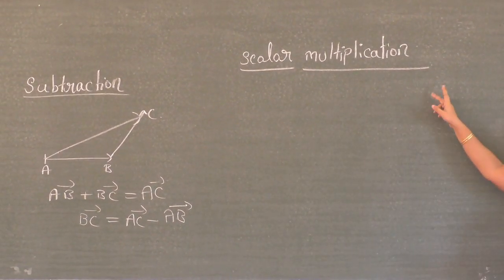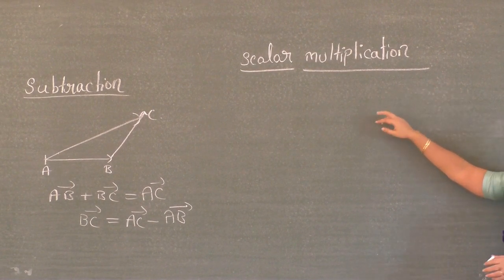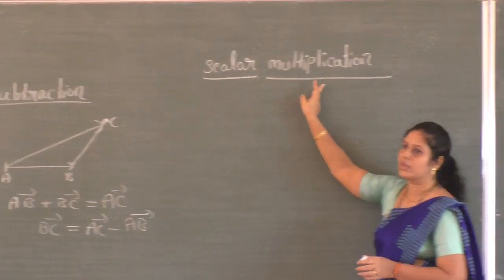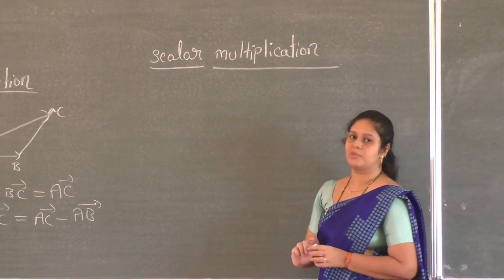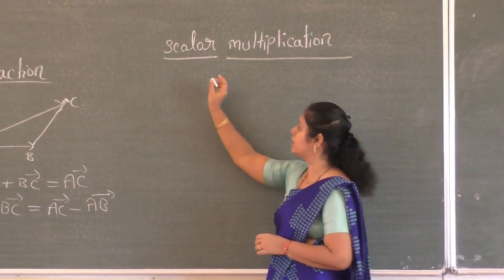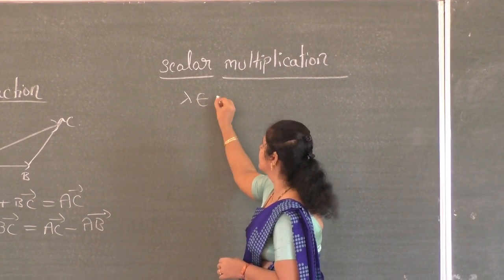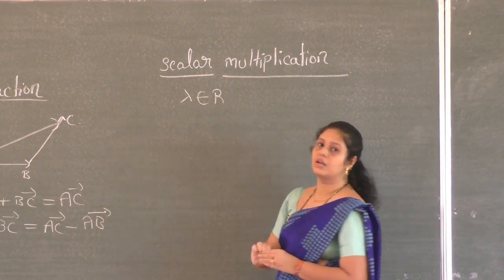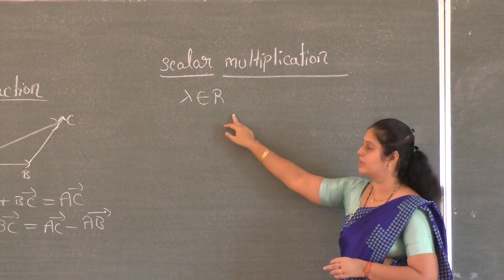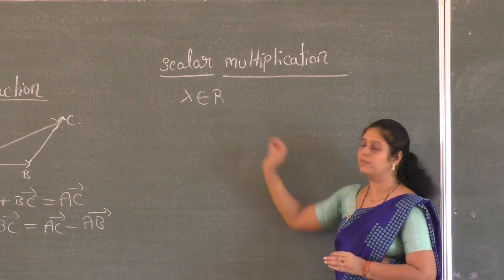Okay, the next, third operation or third algebra, is scalar multiplication. Scalar multiplication means here we have to take one number. I will consider the number as lambda. Lambda belongs to R, lambda is any number.